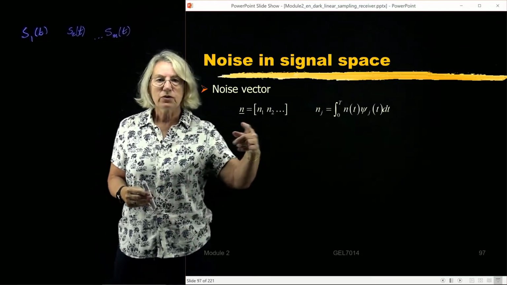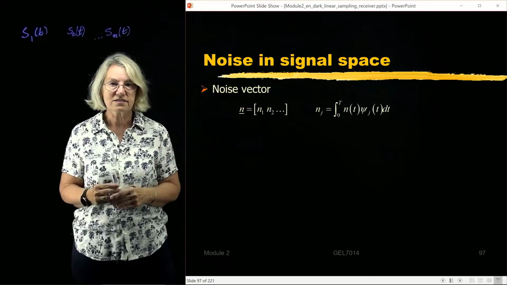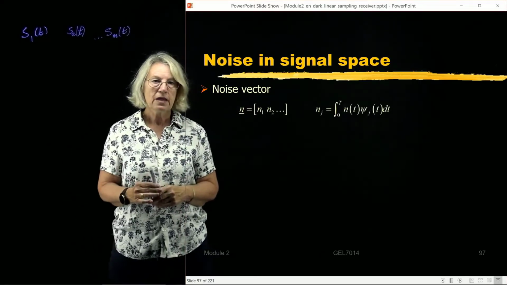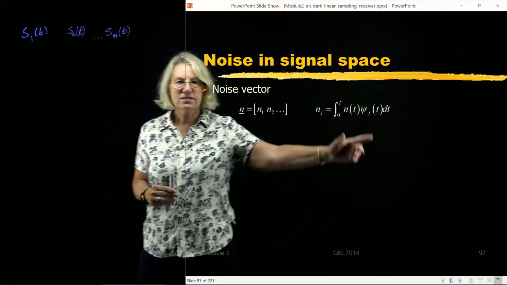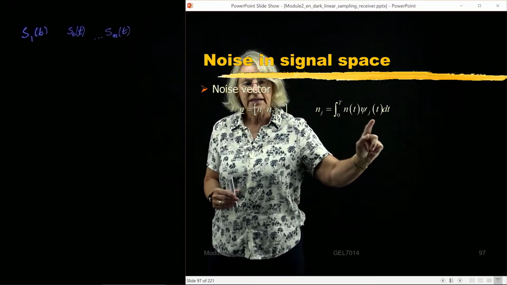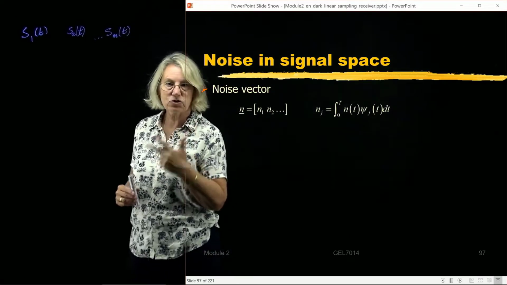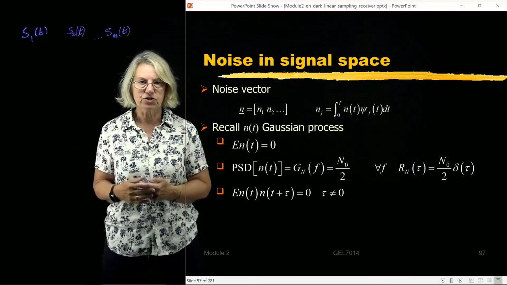So I have a noise vector, which is infinitely long because the noise space is infinite dimensional. And each one of the elements in this vector is determined by the inner product of the received waveform and each one of the basis vectors, one after the other. So that's just the definition of the vector space.